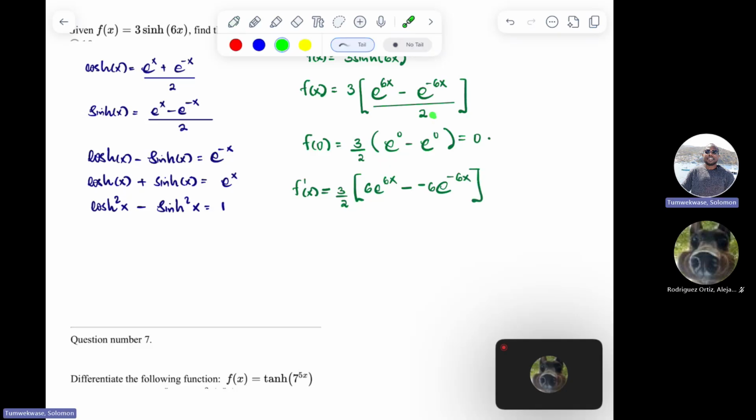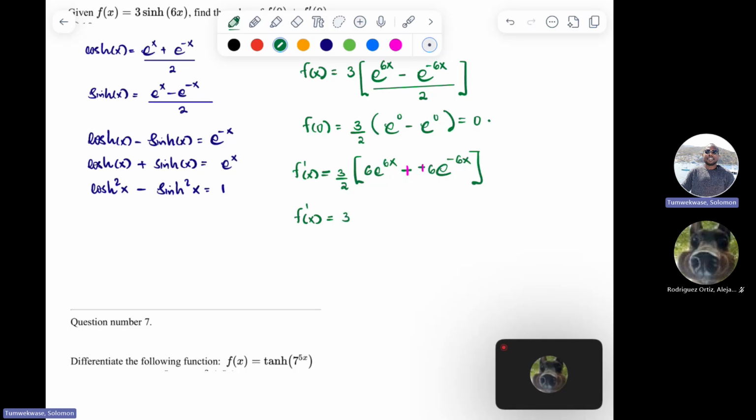These two minus signs make it a plus, and I have a common 6, so I can bring the 6 outside, times (e to the 6x plus e to the negative 6x).